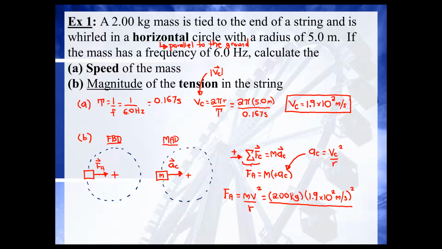Divide this by R, which is the radius, 5.0 meters. And if I plug these numbers in, we're going to two significant digits. I should get the magnitude of my applied force as 1.4 times 10 to the power of 4 newtons.